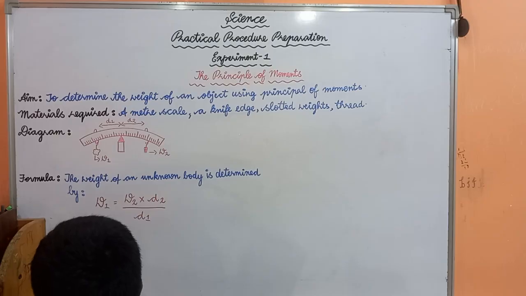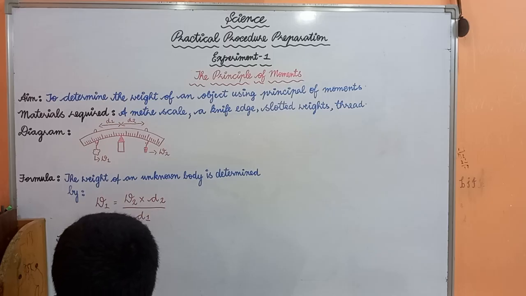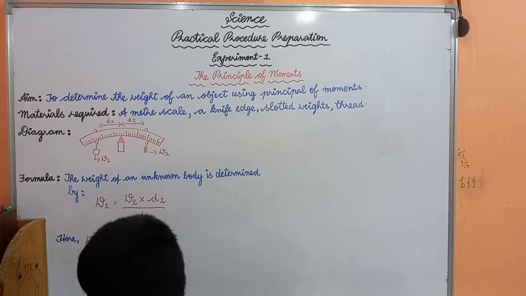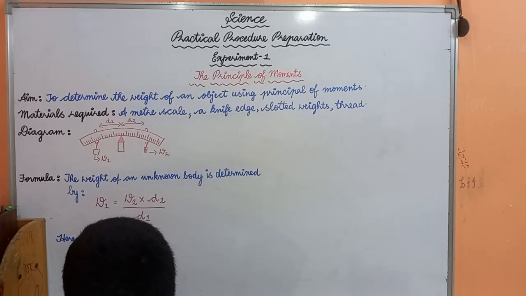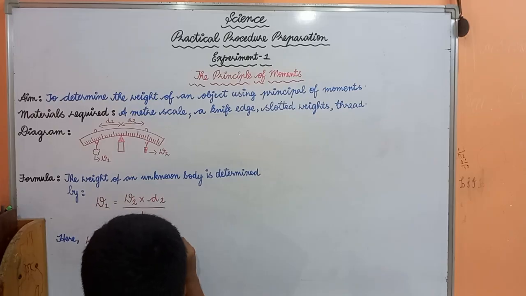W1, W2, D1, D2. What do these all mean? W1 is the unknown weight. W2 is the known weight.